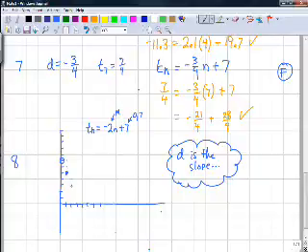Did anyone get any other answers there? Did anyone? Okay. Let's see how this goes here with T7 being 7/4. 7 goes there for n. Let's just check and see if that works out.